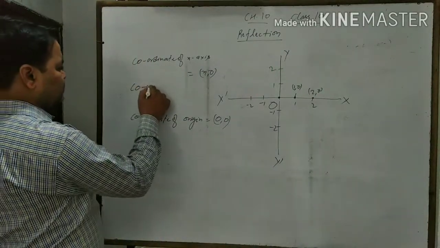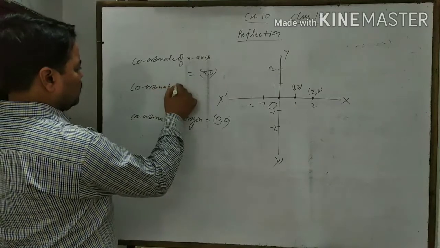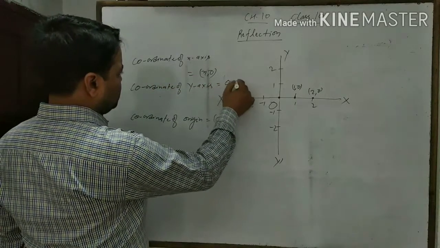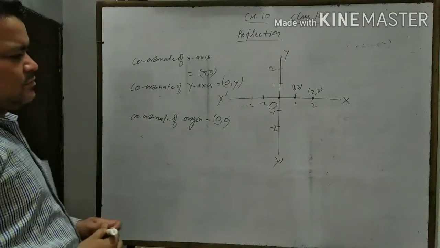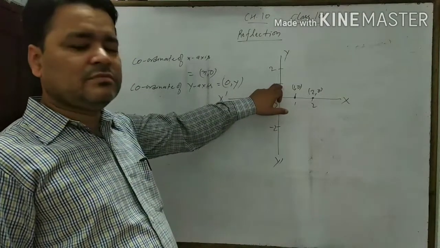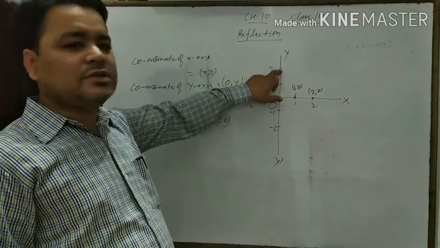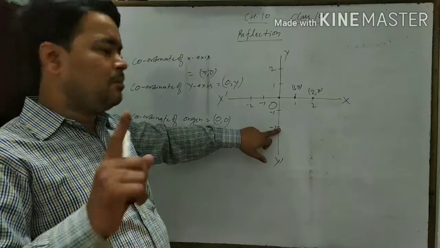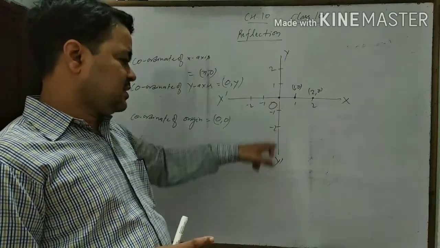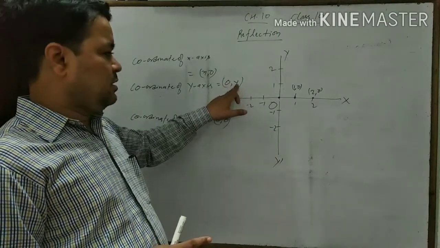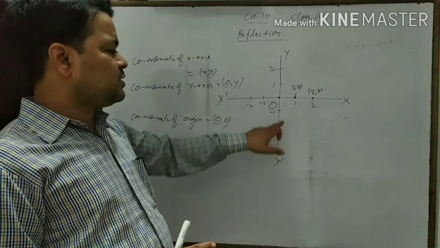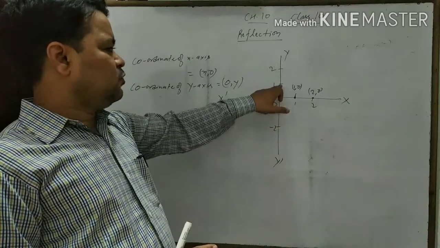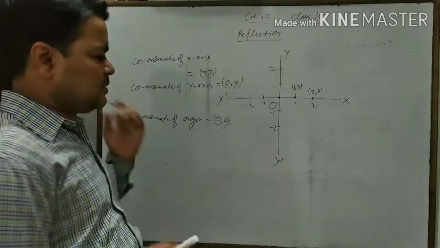Coordinate of the y-axis: 0, 1. What is the coordinate of this point? 0, 1. Coordinate of this point? 0, 2. Coordinate of this point? 0, minus 2. For the y-axis, the general coordinate will be 0, y. It will be 0, 0; 0, minus 1; 0, minus 2; 0, minus 3; 0, minus 4; 0, 1; 0, 2; 0, 3; 0, 4, like that.